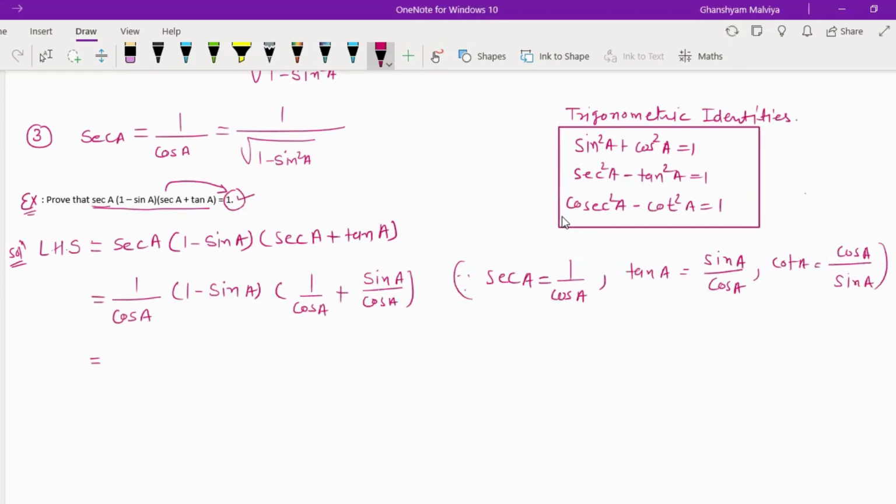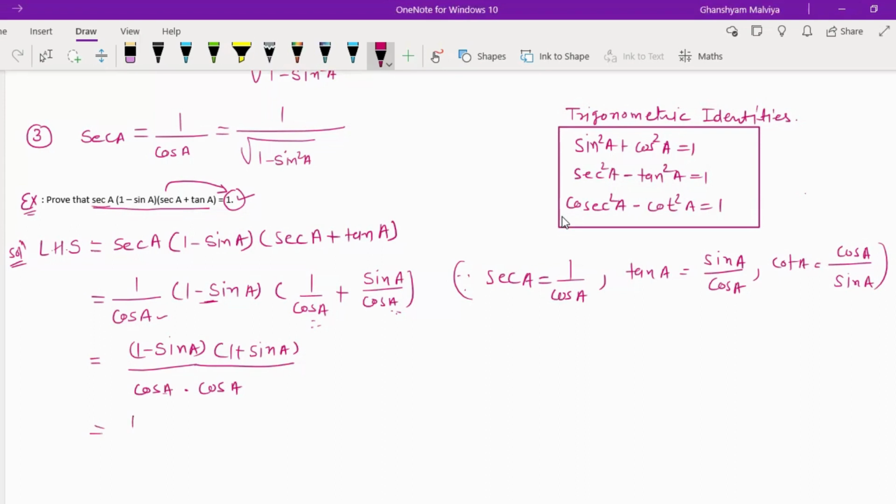You can see here that the numerator is 1 minus sin A, divided by cos A. And here you have the denominator cos A. So you can write cos A, and your numerator will be 1 plus sin A. Taking the LCM, 1 plus sin A divided by cos A, the denominator is the same. Now cos A into cos A is cos square A.